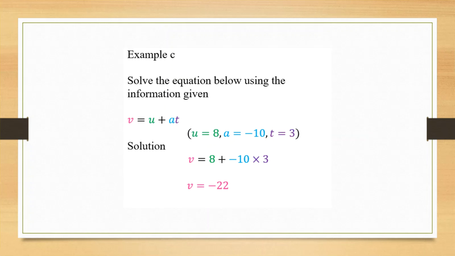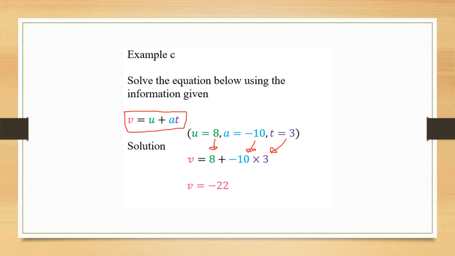For example C, we've got a formula from science. v equals u plus at. u equals 8, so you can see the green part goes here. a equals minus 10, and t equals 3.